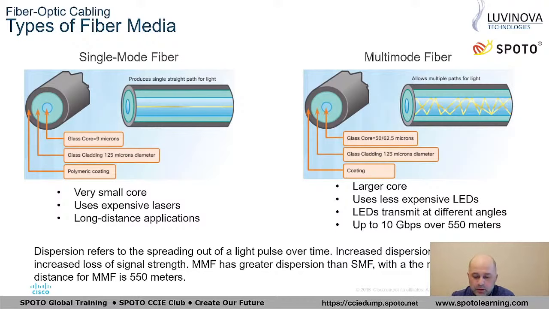In multi-mode fiber, we use a bigger core, and we can use much cheaper light sources like LEDs. As you can see here, we have a limitation of speed and distance. For single mode fiber on the left side, we almost don't have a limitation. There is a limitation, but it's a very large number of kilometers you can cover with single mode fiber optics.